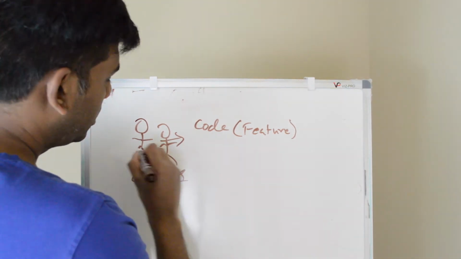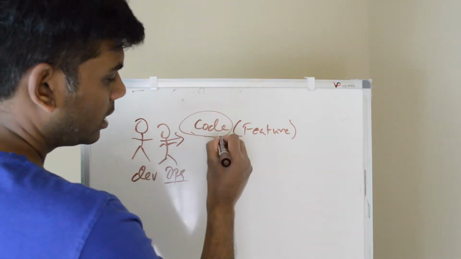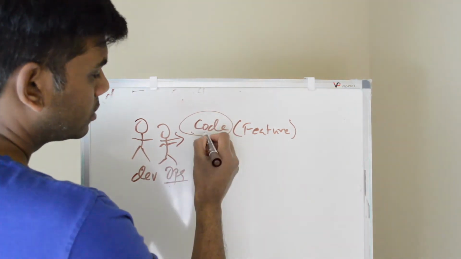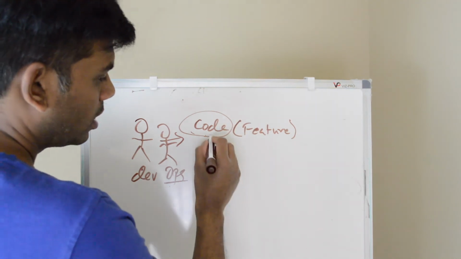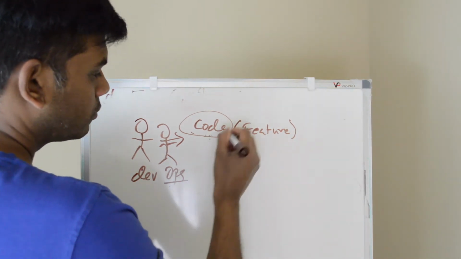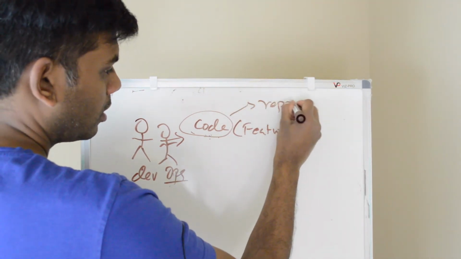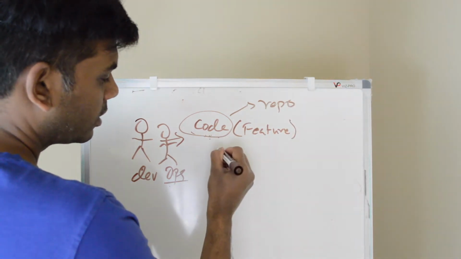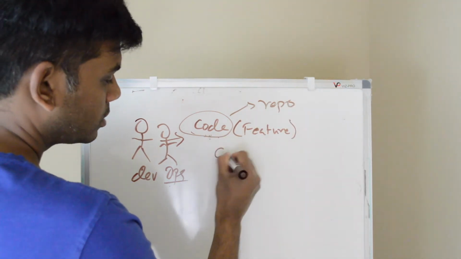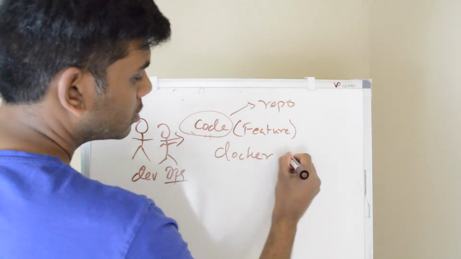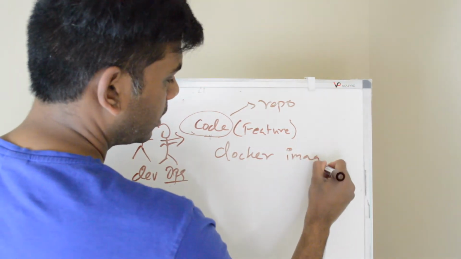Once this code is written and tested, the code is now ready. So instead of just pushing it to a repo, what they could do is create a Docker image. So how does he do that?